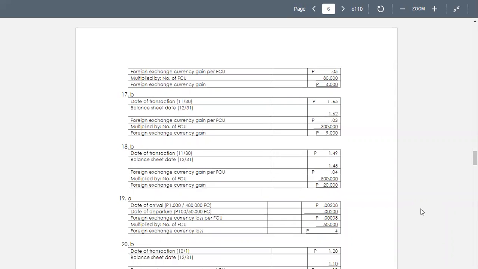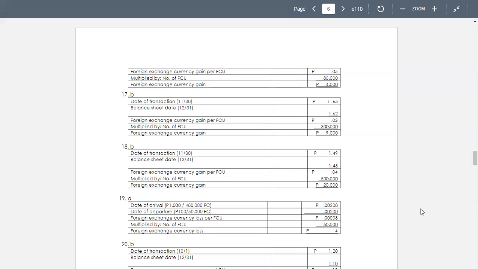So we have here the question in number 19. What amount of gain or loss did Karen experience on the 50,000 FCs she held during her visit and converted to pesos at the departure date? So we have now date of arrival, 1,000 divided by 480,000, and that gives an indirect rate of 0.00208.